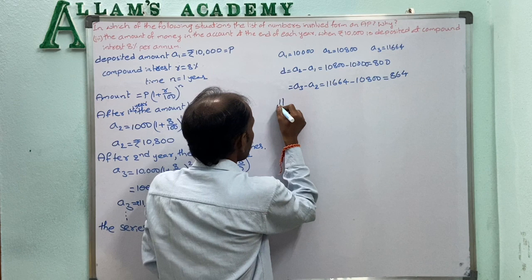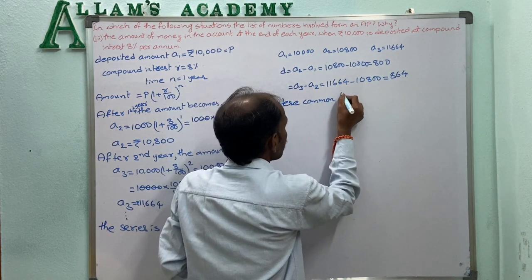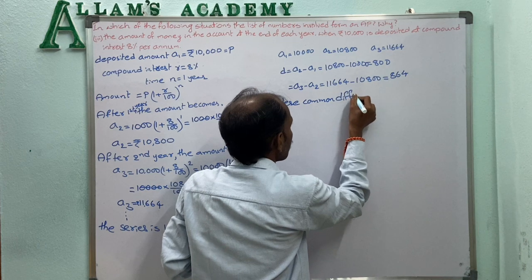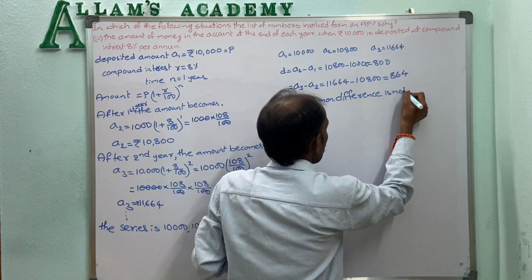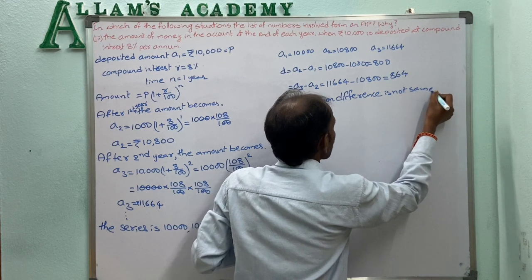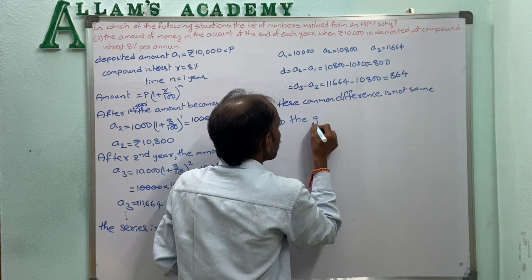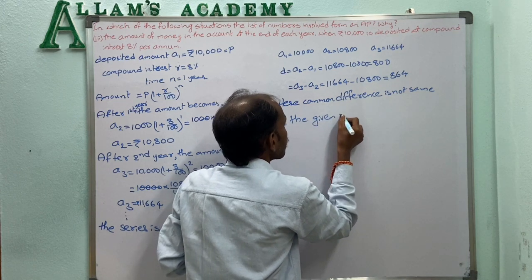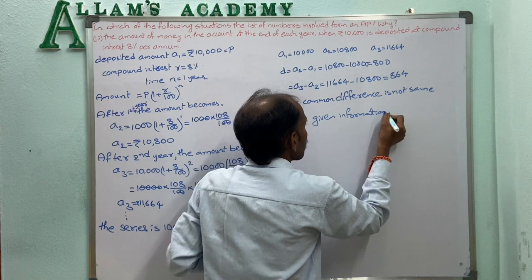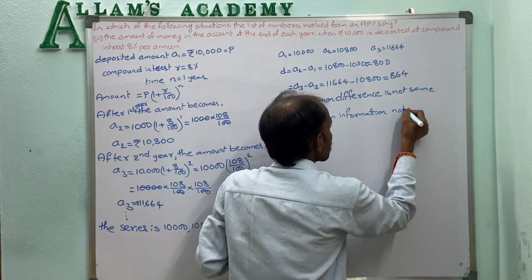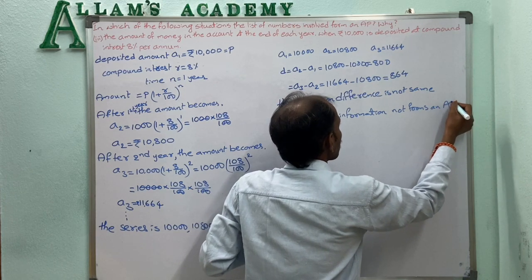So here the common difference is not the same. So the given information does not form an AP.